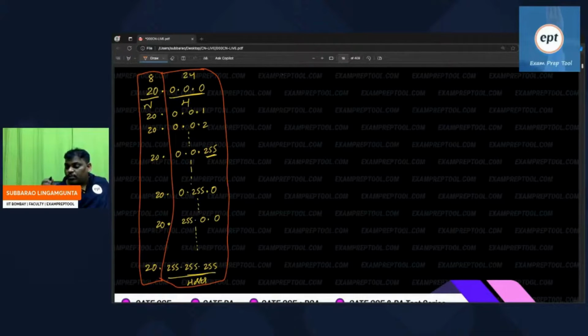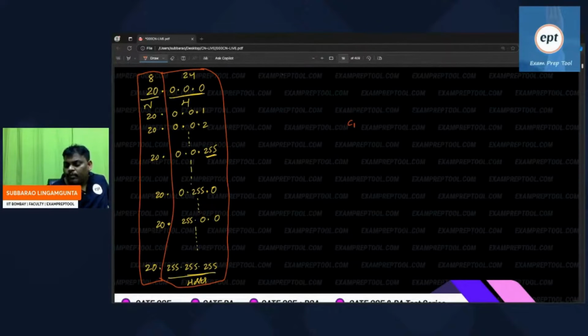Now observe, everyone. See this one, computer 1. Assume that these 2 power 24 addresses are given to the TCS company.